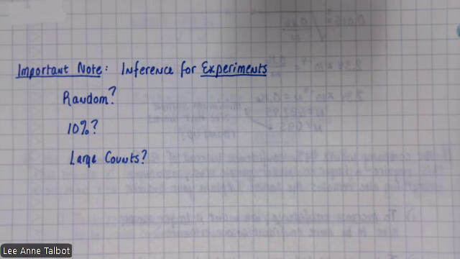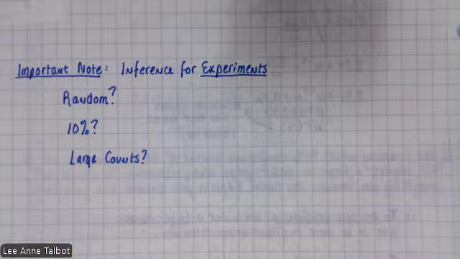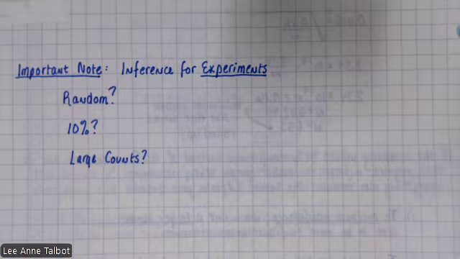Which means that the conditions have to change a little bit because random sampling isn't really something that takes place with an experiment. So if you remember, it's unethical to randomly sample someone for an experiment and make them do it. You can't, except for that I sort of did that to you. But anyway, if you're actually really doing an experiment, you should not randomly select someone for your experiment.